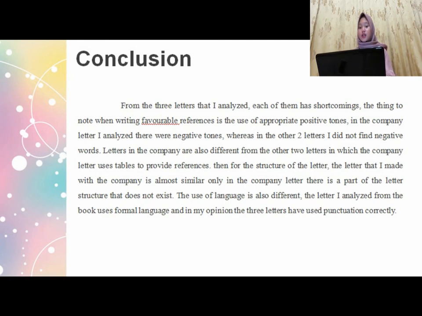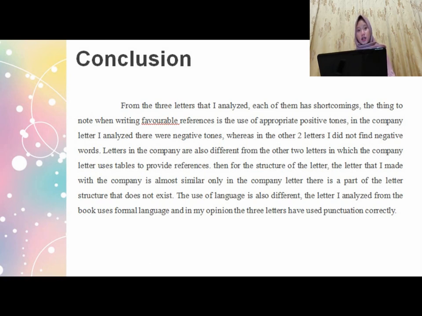Last, conclusion. From the three letters that I analyzed, each of them has shortcomings. The thing to note when writing favorable references is the use of an appropriate positive tone. In the company letter I analyzed, there were negative tones, whereas in the other two letters, I did not find negative words.